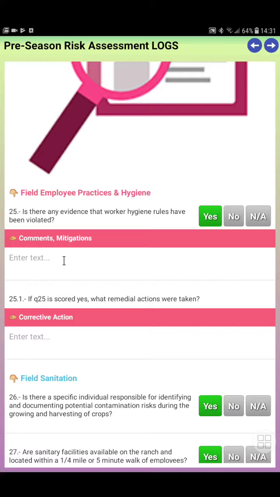So you will explain that here. Then the auditor will ask you to see those documents if you have any issues with employees.